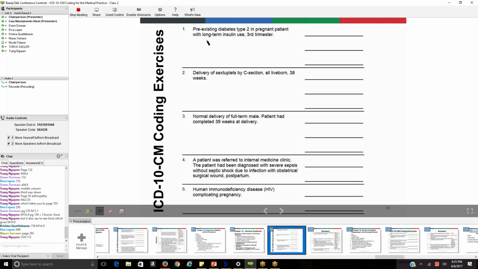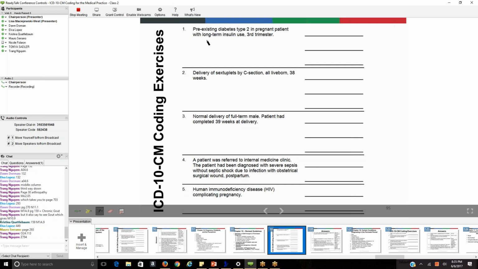Let's take a look at the pre-existing diabetes type 2. So we're going to code the pregnant patient with diabetes type 2, but they also have pre-existing diabetes type 2. Tanya and Trang, you code the pre-existing diabetes type 2. That's going to be the E code.